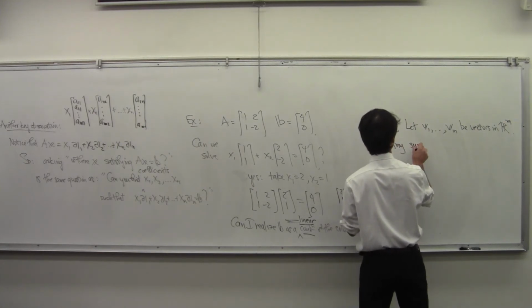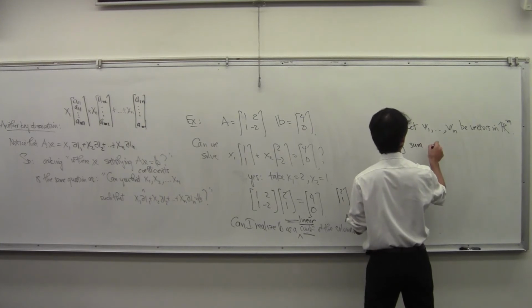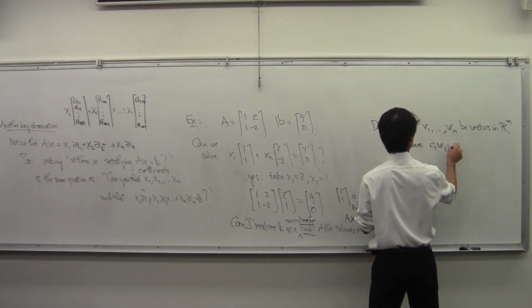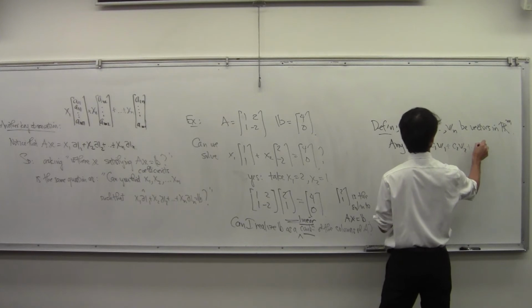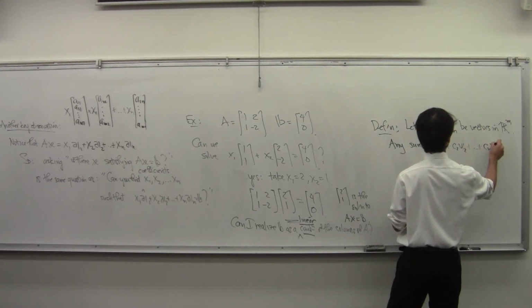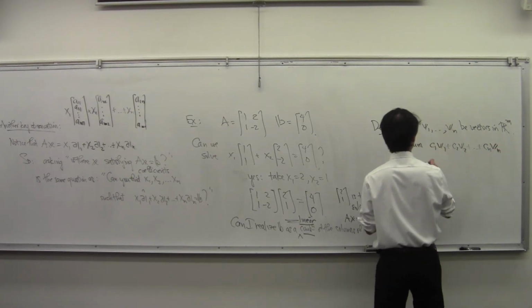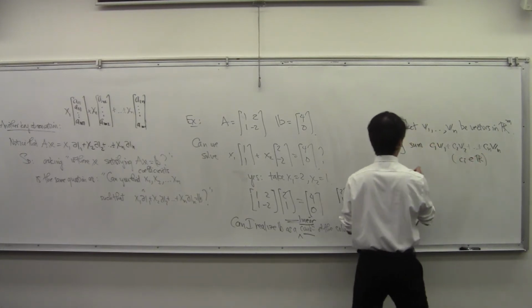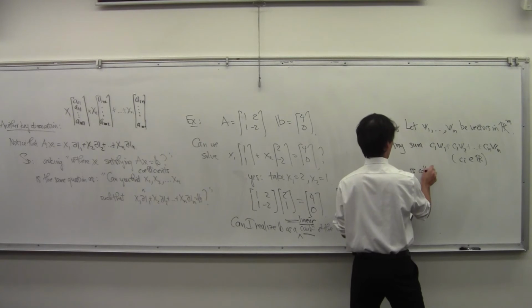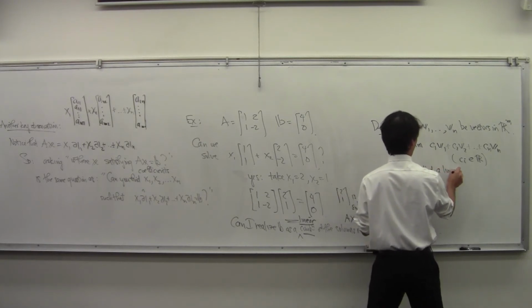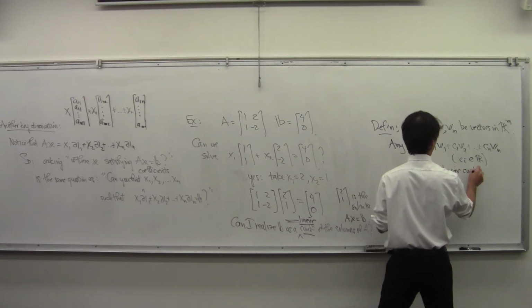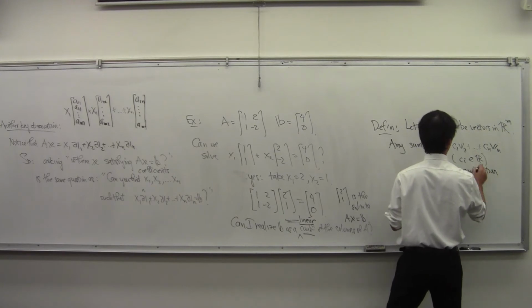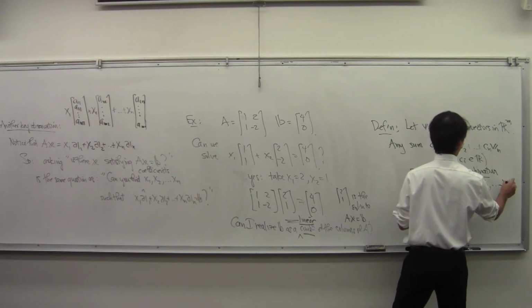Any sum c1 v1 plus c2 v2 plus cn vn, where the ci are all real numbers, is called a linear combination of the vi's, v1 to vn.